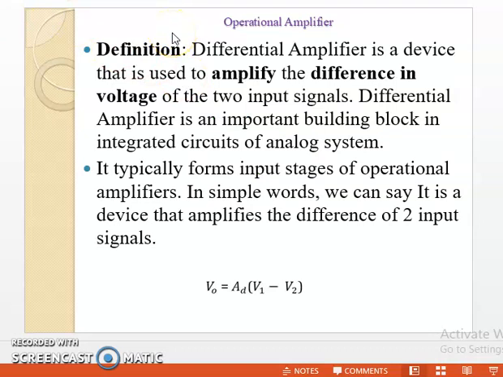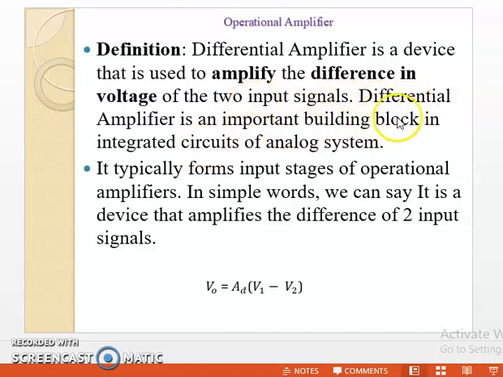Let's define the differential amplifier. It is an electronic device that is used to amplify the difference in voltage of the two input signals. If two voltage inputs are given, V1 and V2, then V1 minus V2 is the difference of these two voltages, and this difference is amplified in a differential amplifier.